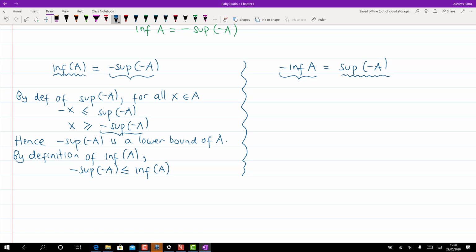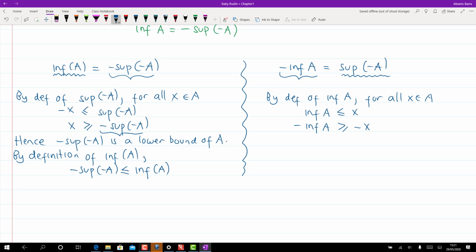So then we start with the infimum. By definition of infimum of A, for all x in A, the infimum of A is less than or equal to x. And then after we multiply by negative 1, minus the infimum of A is bigger than or equal to minus x.